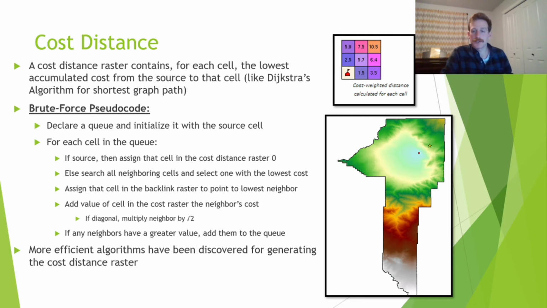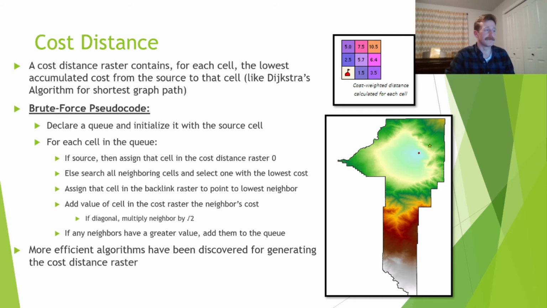If you're at the source, you give it a cost of 0, and then you search in your neighboring cells, of which there are 8, and you find the one with the lowest cost, and then you point to it in the backlink raster, which we'll talk about next, and then you accumulate the cost. So when you find that lowest cost, you add whatever your current cost is to it. And then if any neighbors have a greater value, you add them back to the queue so that they can be evaluated later.